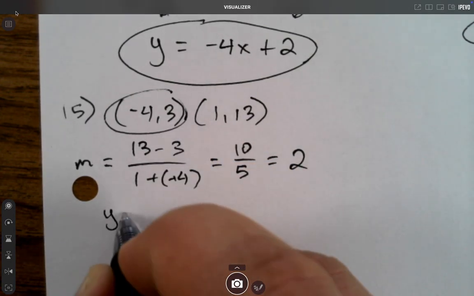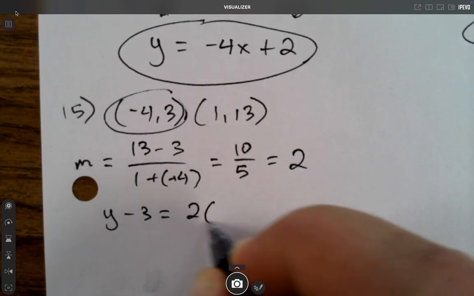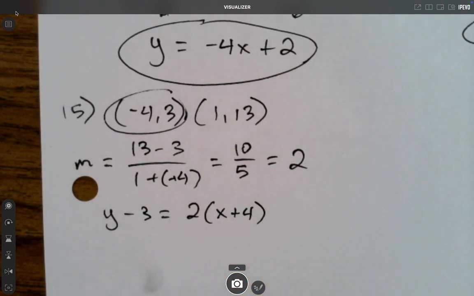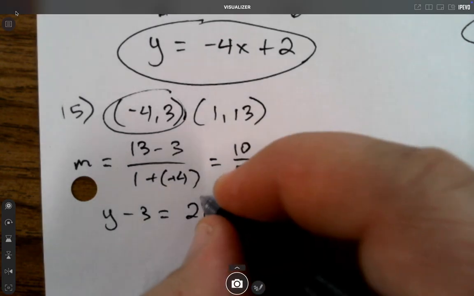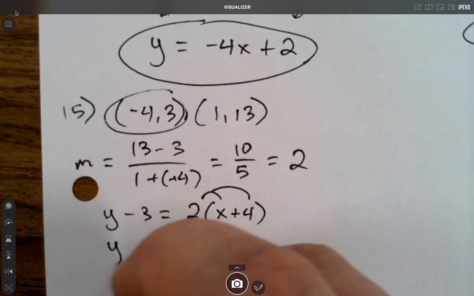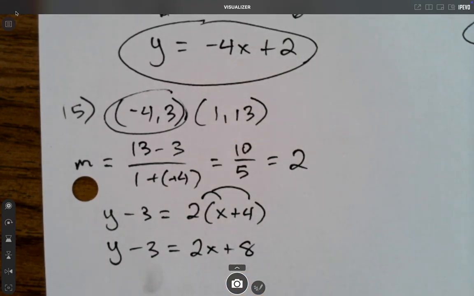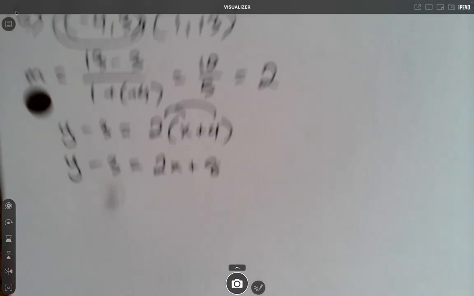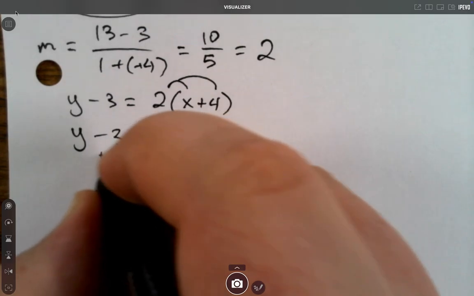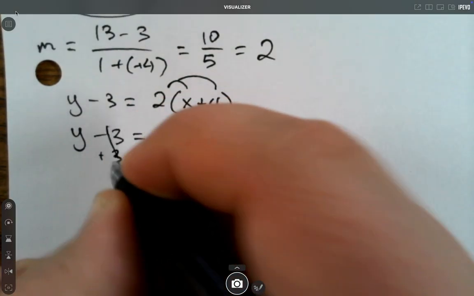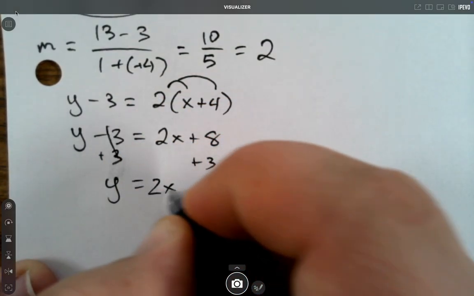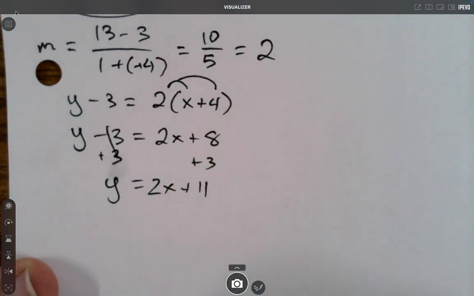So I do y minus 3 equals 2 times x plus 4. I distribute the 2. And then add 3 to both sides. So y equals 2x plus 11.